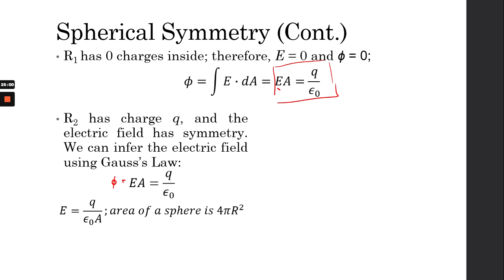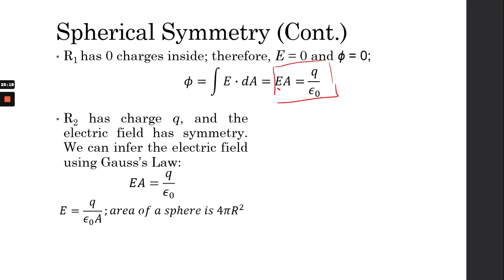So what we're going to do is divide both sides by A, and it will give you this equation, wherein the electric field is equal to the total charge Q divided by epsilon naught multiplied by the area.